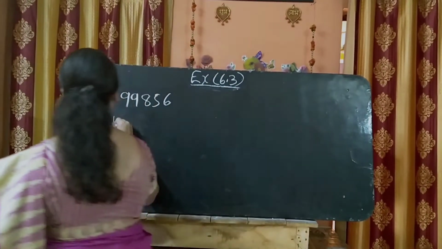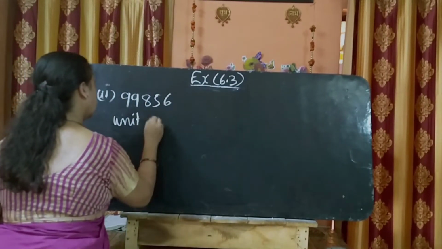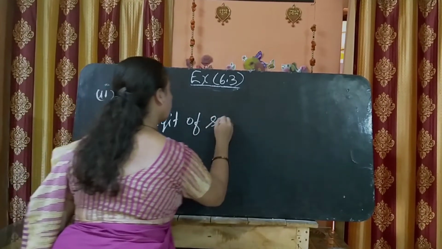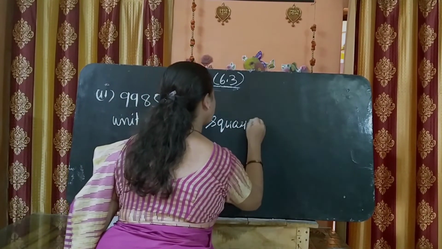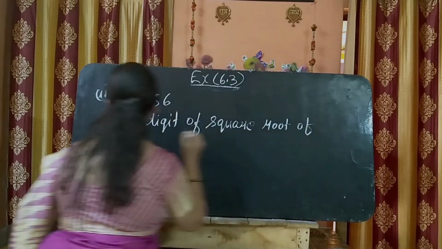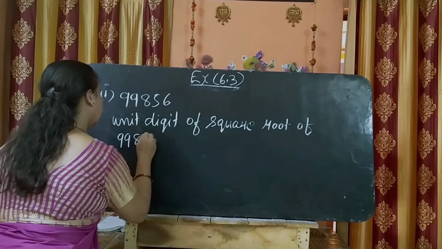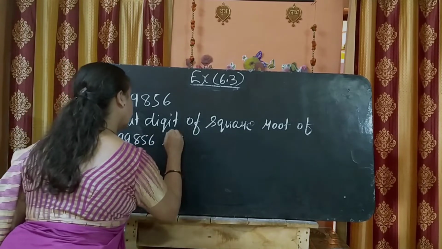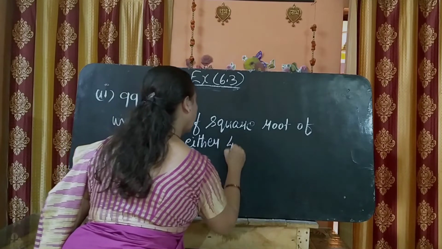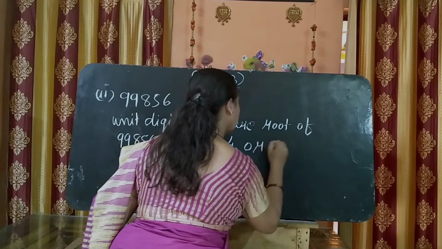The unit digit of the square root of 99,856 is either 4 or 6.